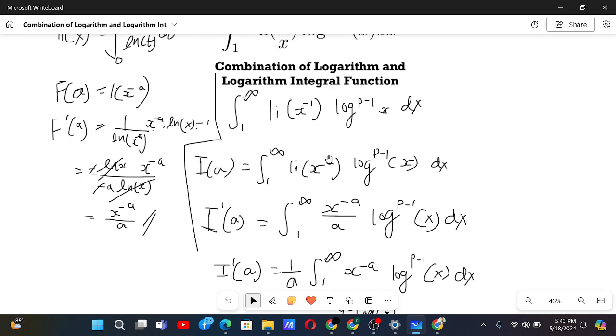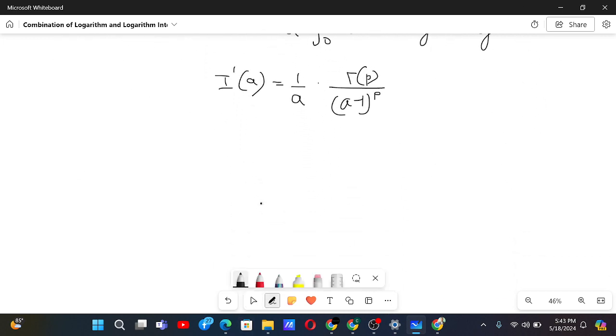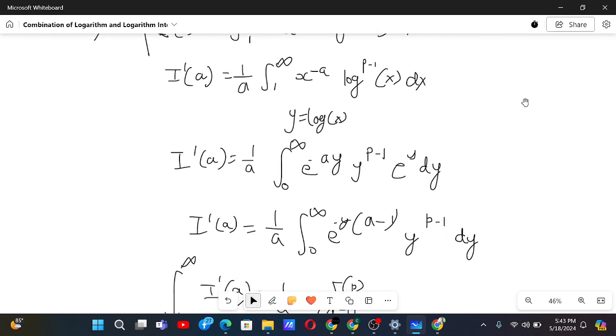Our goal was to find I of 1, isn't it? So for that, we have to integrate this from 1 to infinity, so that we get I of infinity minus I of 1. And I of infinity, we know that's just 0.